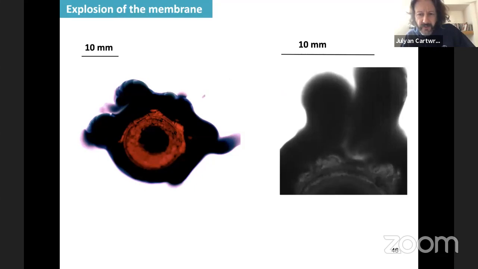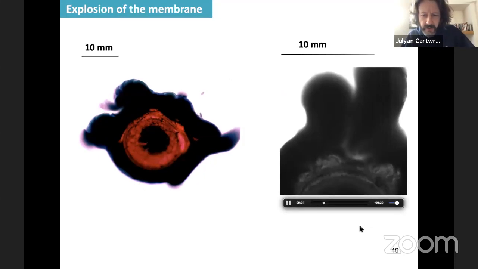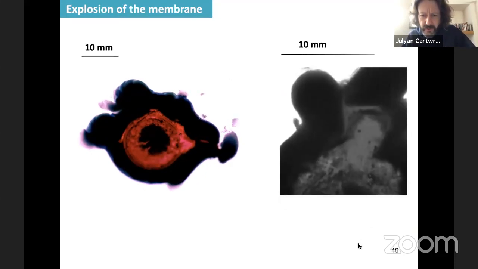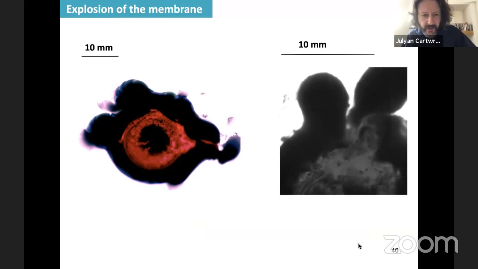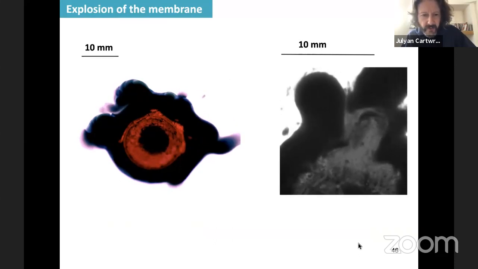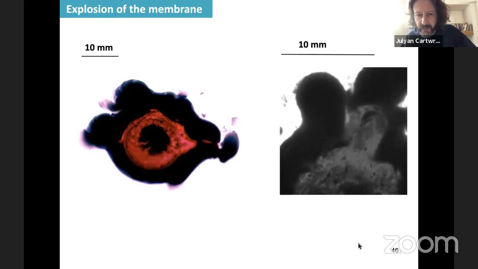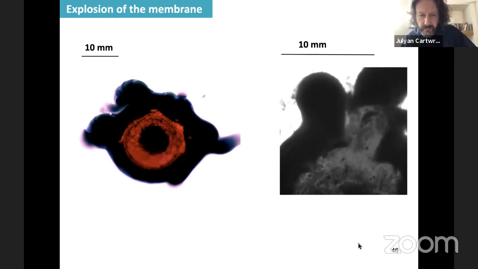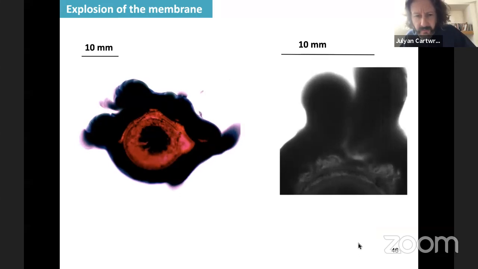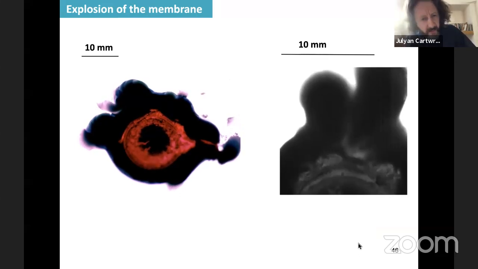So it's interesting to observe the explosion of the membrane when this system does explode. Here's a couple of videos showing how this system explodes. These are slow time videos, so what you're seeing is a system slowed down, I forget, at least hundreds of times slowed down. And this is in a very viscous medium.